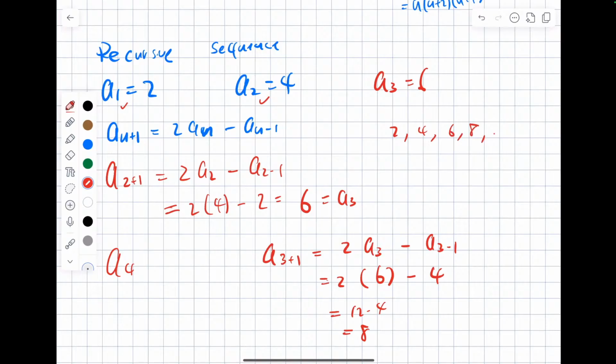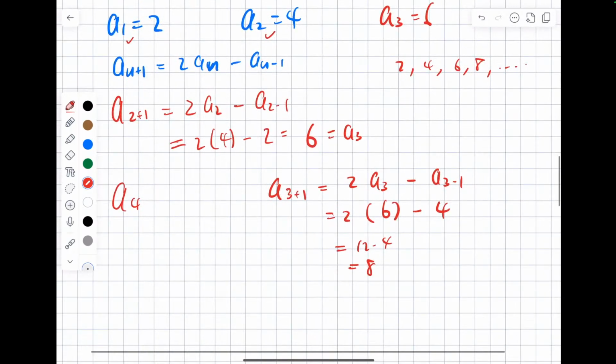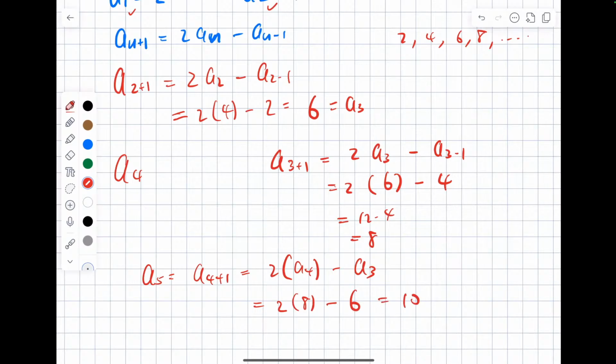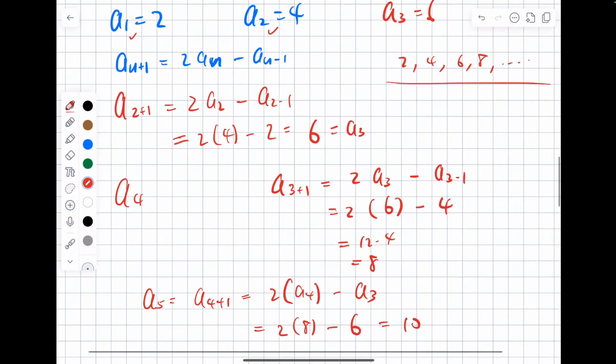Even numbers, right? You can check again. A5 is equal to a_{4+1}, 2 times A4 minus A3. So 2 times 8 minus A3, which is 6, so it's 10. So it's 2, 4, 6, 8, 10, the even numbers.